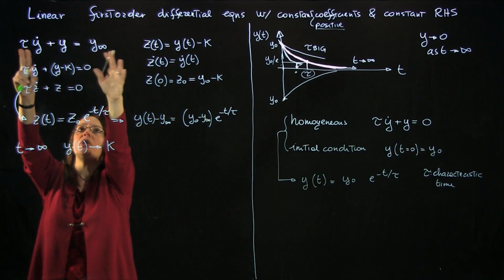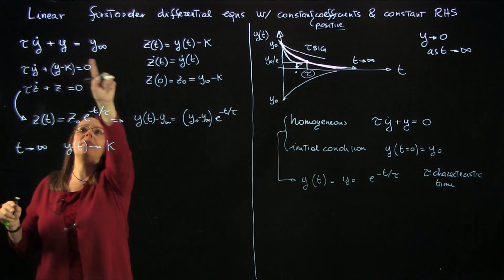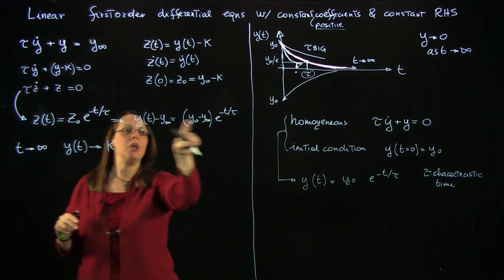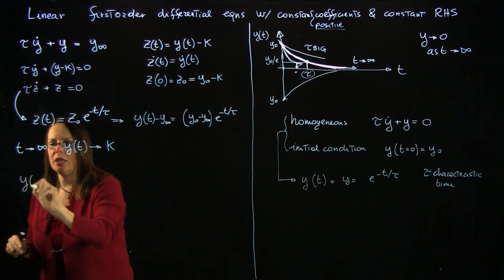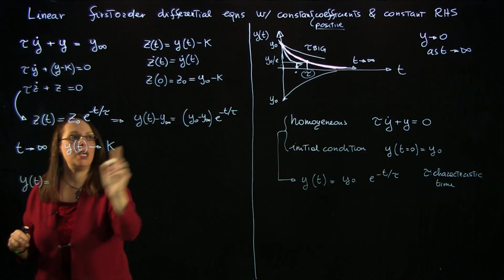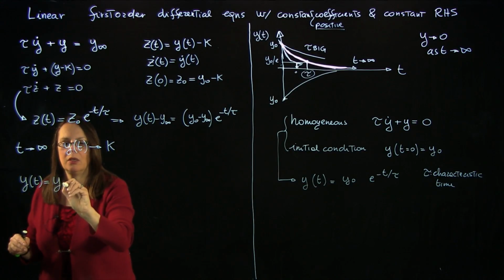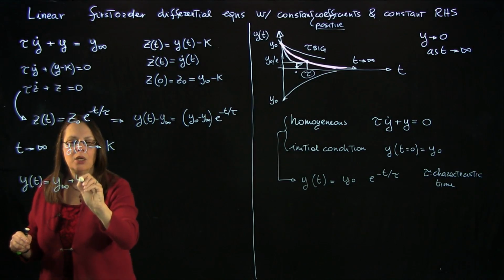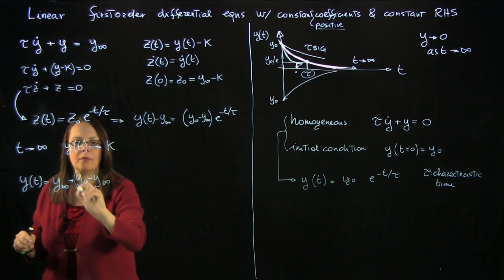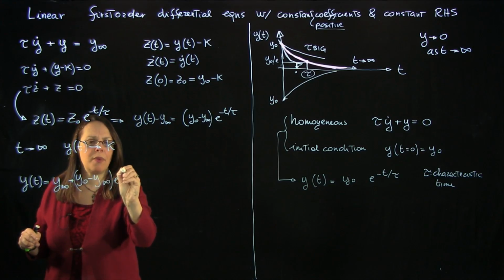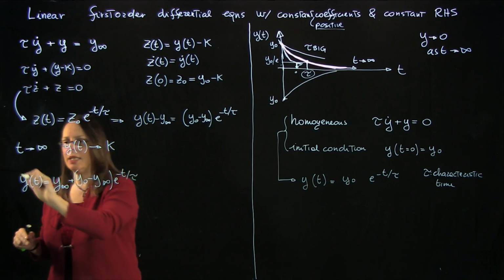So the solution to this equation, tau y dot plus y equal y infinity, if I bring y infinity on the other side, is that y of t is going to be equal to y infinity plus y0 minus y infinity, e to the minus t over tau. This is it.